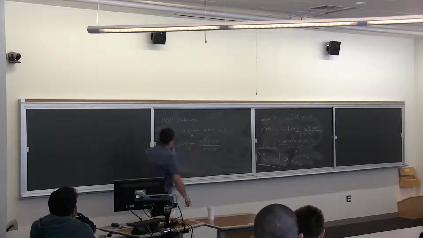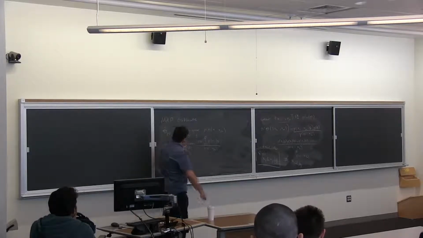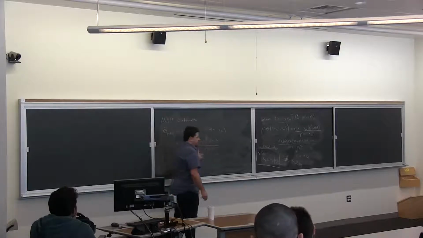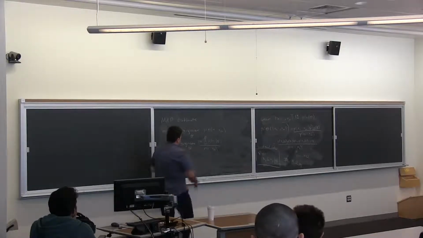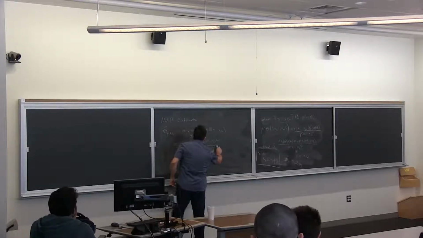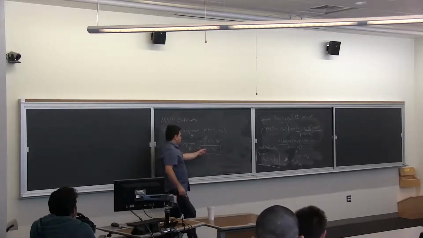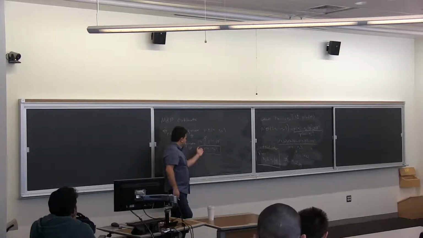Okay, so back to here, because I'm going to be choosing the value of theta which makes this quantity maximum. And since this denominator term here does not change with theta, it's the same.